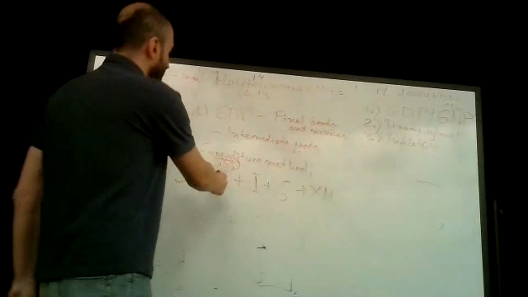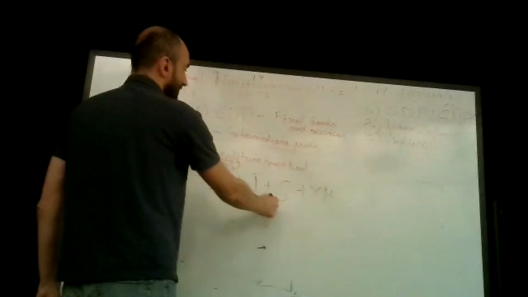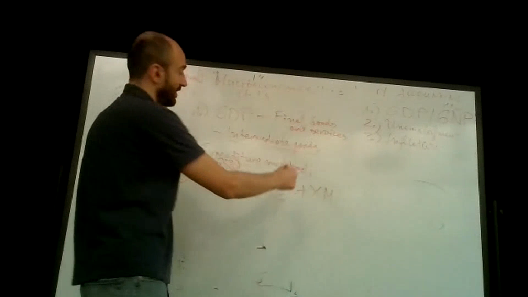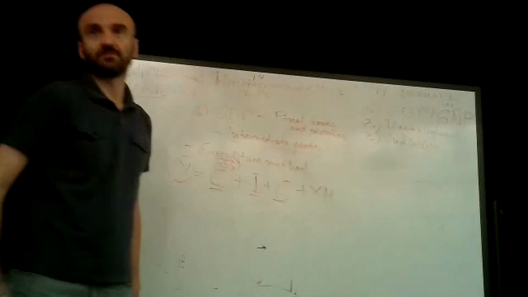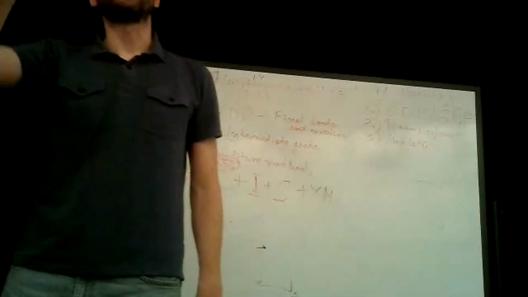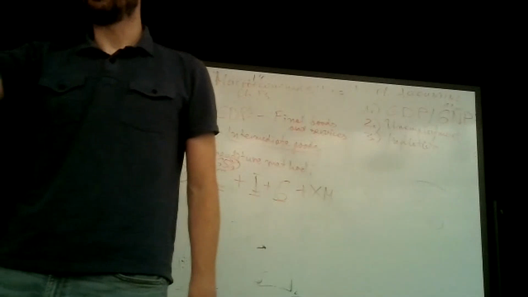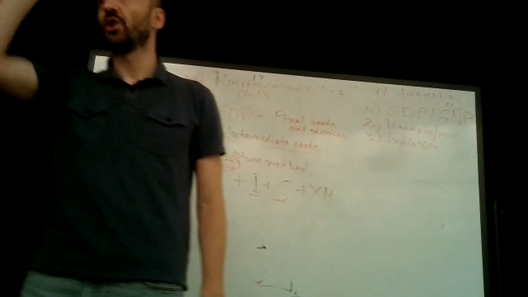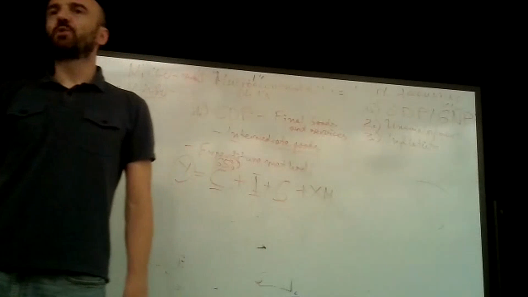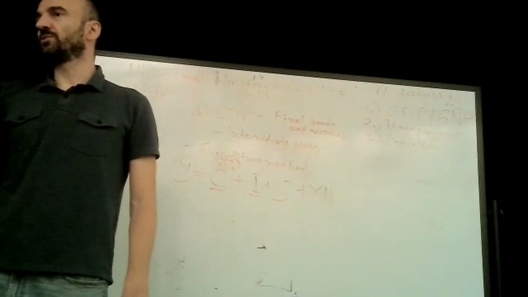So if you add up consumer spending and investment spending on domestic goods and government spending, and then you look at the trade balance, the relationship between your exports and imports. If exports exceed imports, then your GDP will increase.